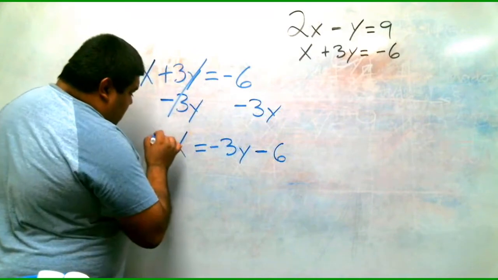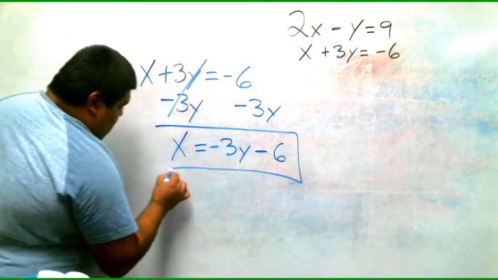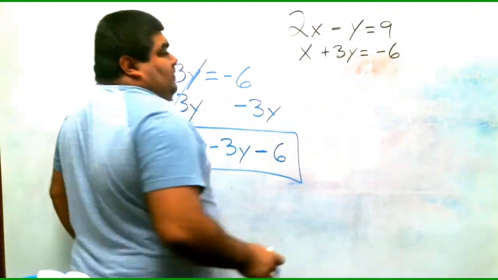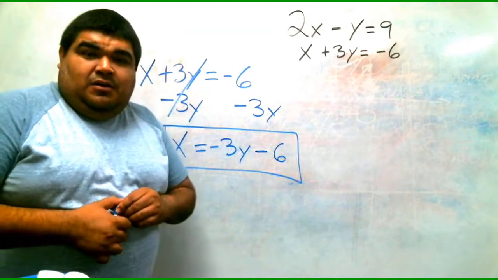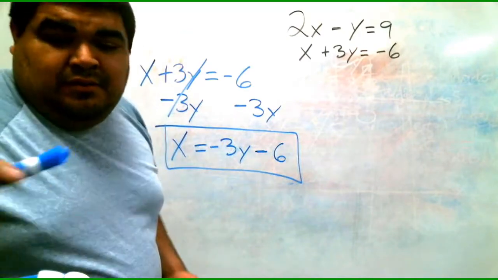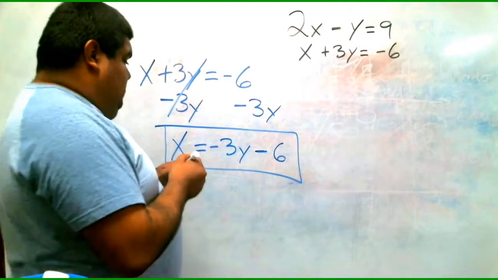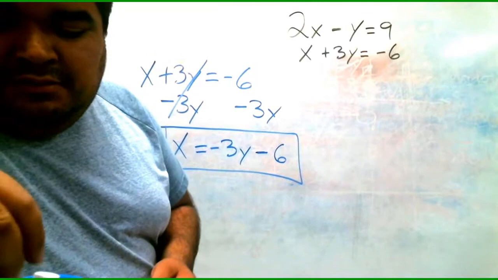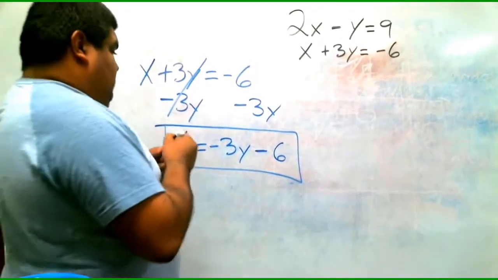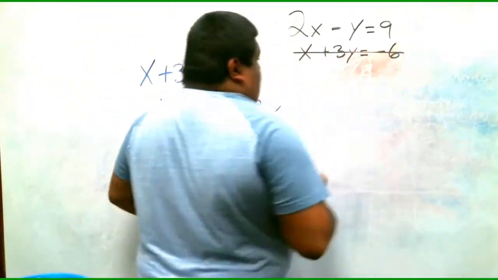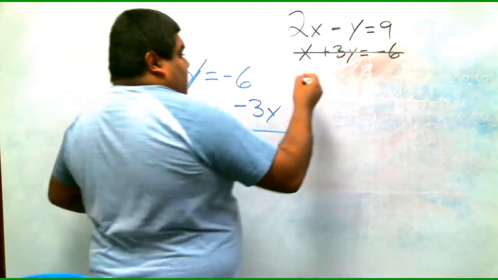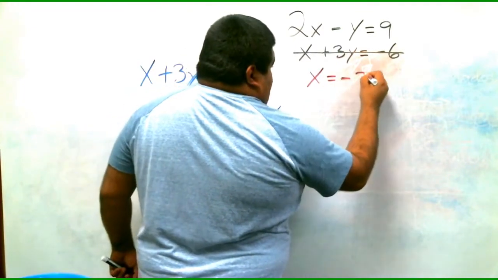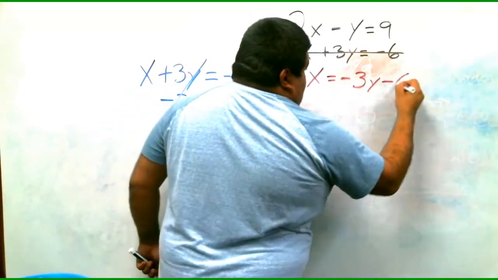So this is our new problem. Instead of having x plus 3y equals negative 6, our new problem now is x equals negative 3y minus 6.